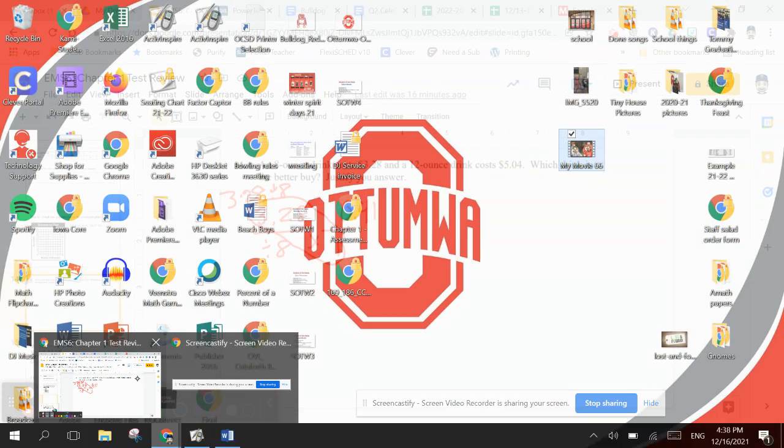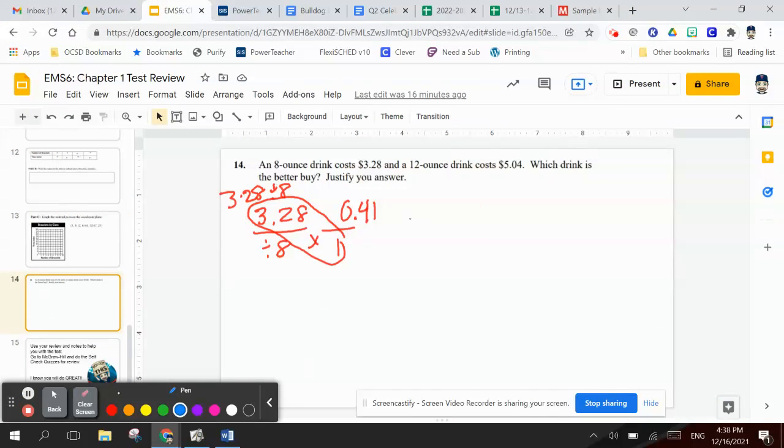And now I do that with the second part, which is $5.04 for 12 ounces. I want to know how much 1 is. So again, I cross multiply. 1 times 504 is $5.04. I divide that by the only number I have left, which is 12, which is 0.42.